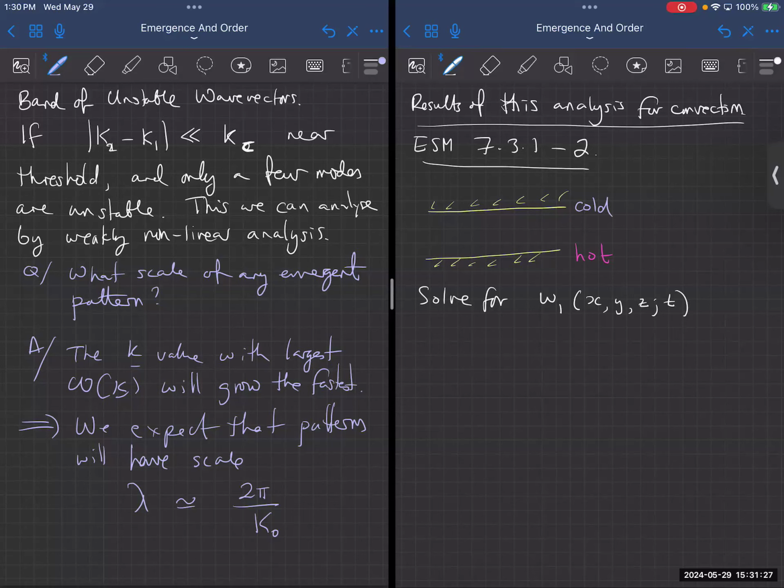If you follow the calculation, we can beat it down into the following form: W1 of x and t is some function capital W of z times some function f of x and y in the xy plane, and then it goes as e to the omega t.